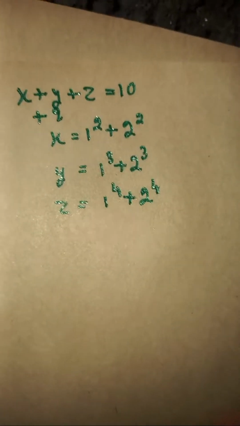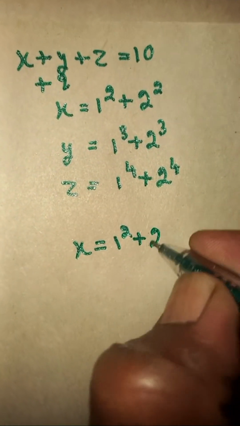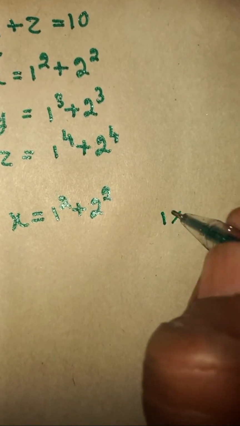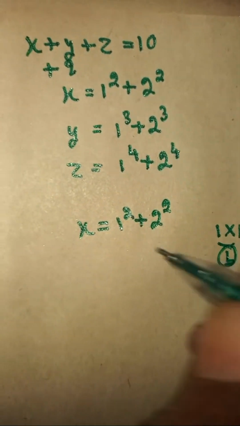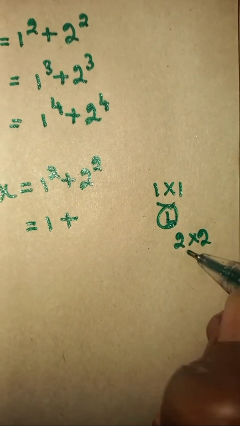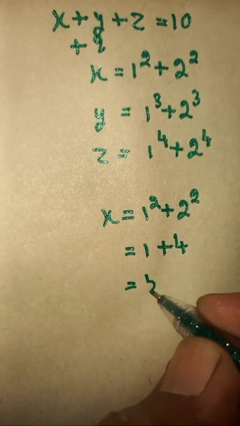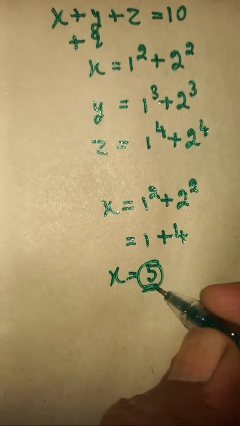Let's find the value of x. x equal to 1 square plus 2 square. 1 square means 1 times 1, which is 1, plus 2 square means 2 times 2, which is 4. So it is 1 plus 4, which becomes 5. That's the x value.